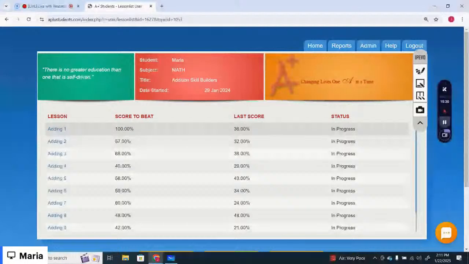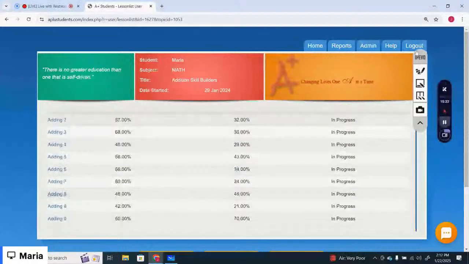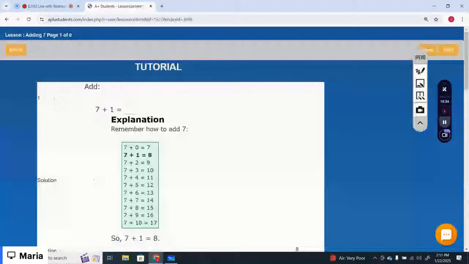The next one is adding 7. Now we're going to learn how to add 7. So let's just start with the lesson.